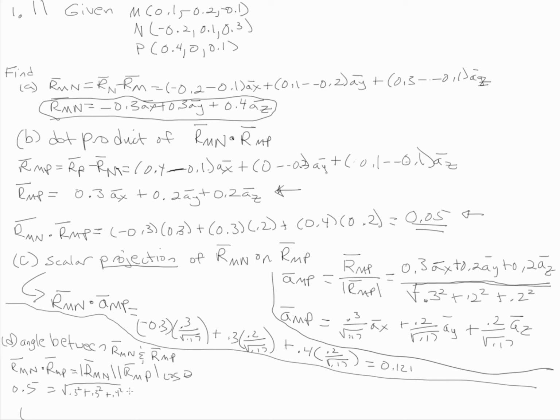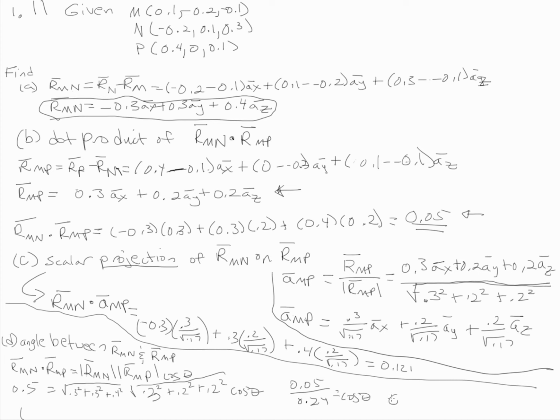And then we do the same thing for R_MP, which we calculated here. So that's 0.3 squared plus 0.2 squared plus 0.2 squared times the cosine of theta. So this comes out to be 0.05, and if we calculate these two and then divide by 0.24, because that's what those two numbers times each other comes out to be, it equals the cosine of theta.